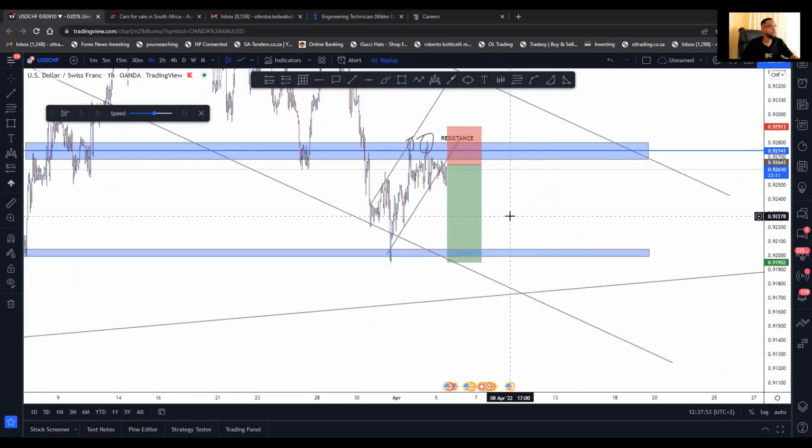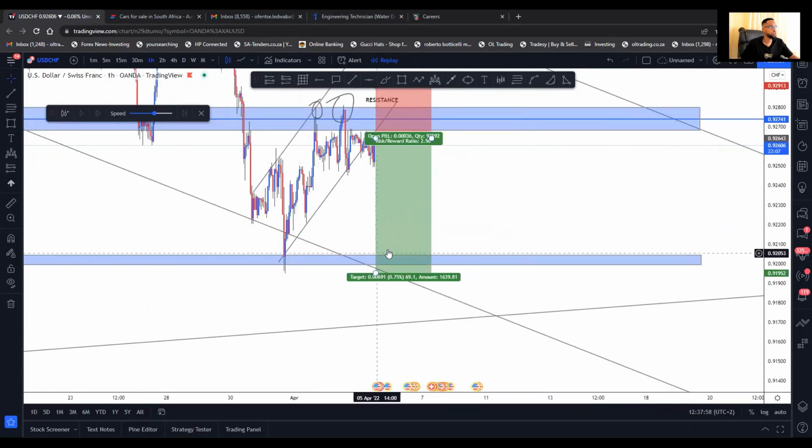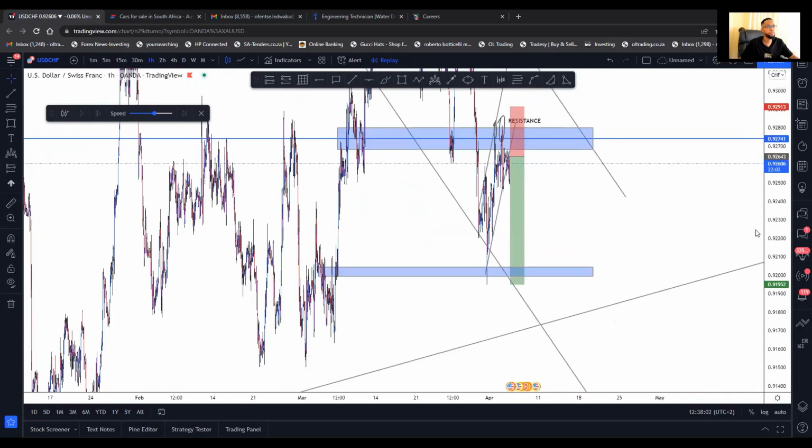So I'm gonna sell USDCHF till the zone. Okay, I hope it is clear, guys.